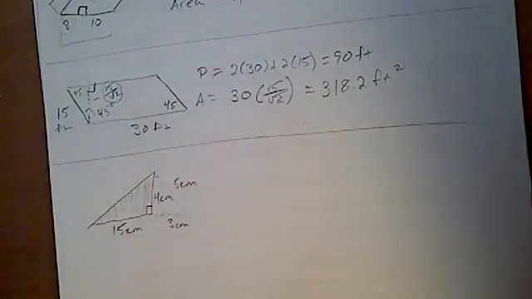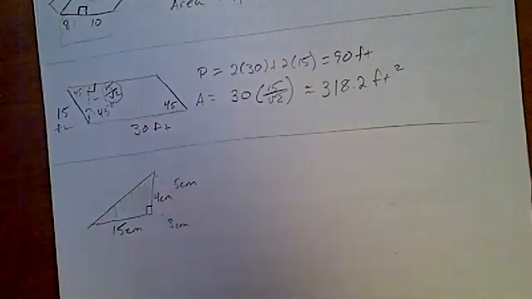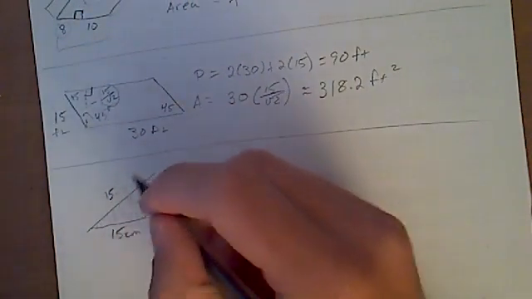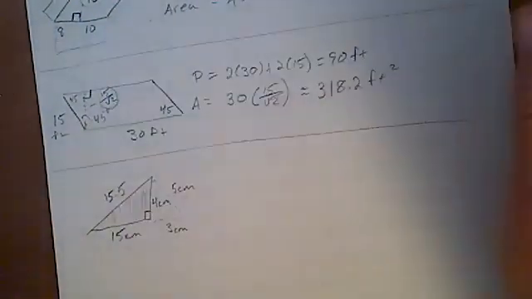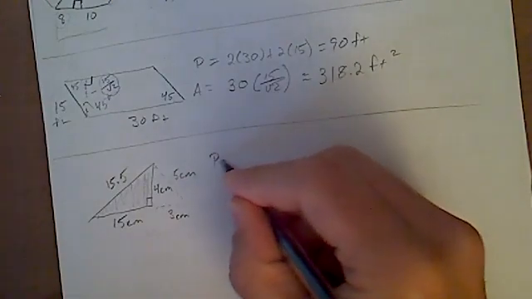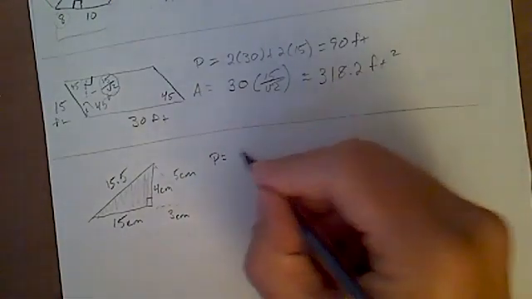And what's our last side here? It's the square root of 15 squared plus 4 squared, about 15.5. So we get a perimeter here of 34.5.